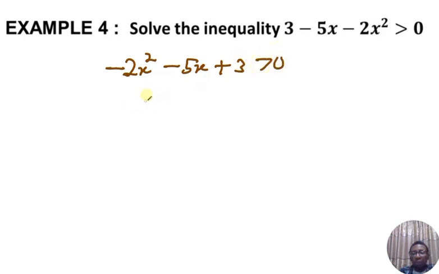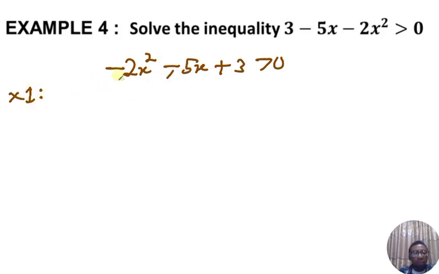Now you will observe here, the same approach, our a is negative. This is an example of a negative quadratic. Our a is minus 2. So I will find a way to make this a positive. I will multiply everything by minus 1 and flip the sign.